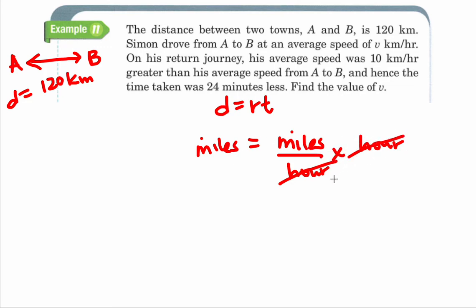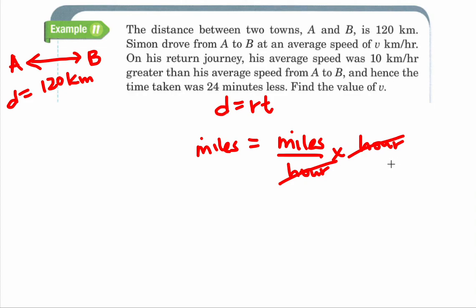So distance equals rate times time is a formula that you should remember because it makes logical sense. When you have the distance, it's going to equal your speed, your rate, miles per hour for instance, multiplied by your time, hours for instance, because you're going to travel as far as your speed times your hours.